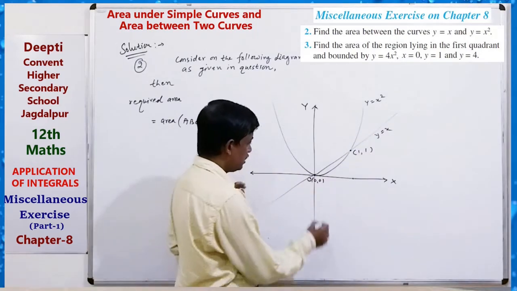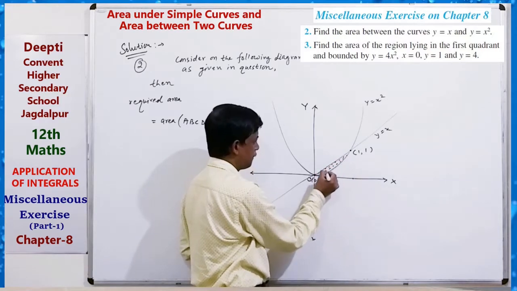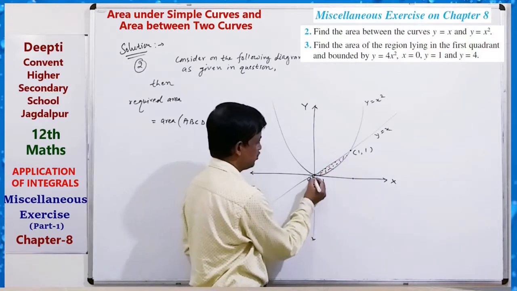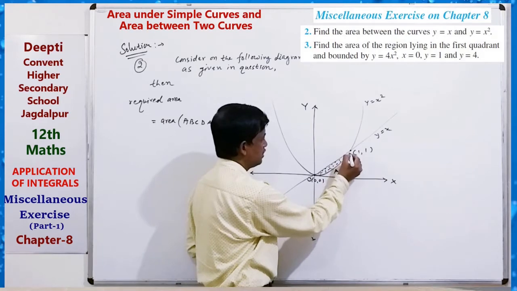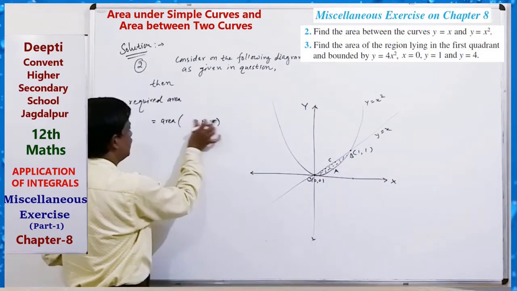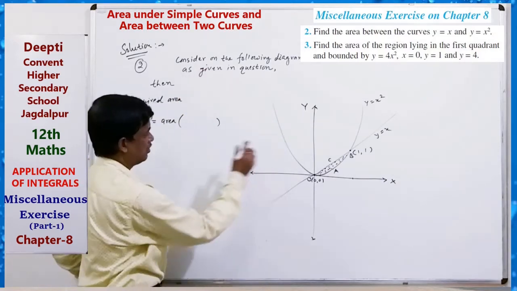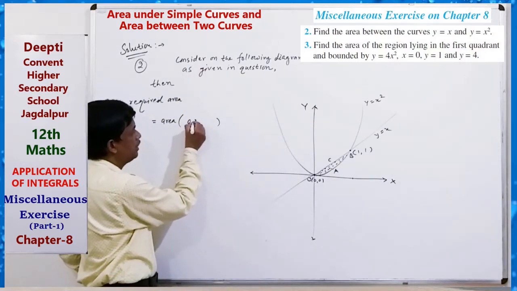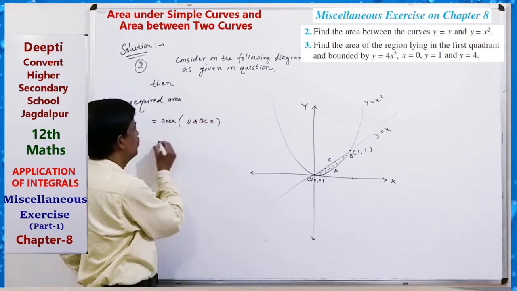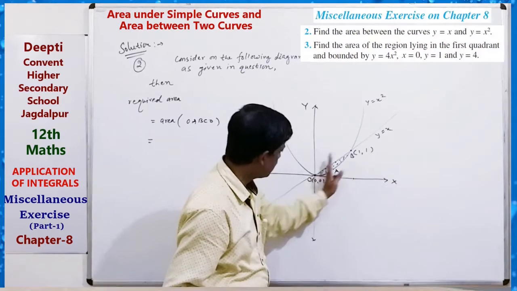So we have to find the area of this region, O, A, B, C. We can write the required area like this, O, A, B, C, O.